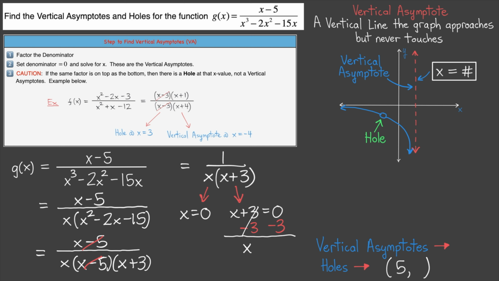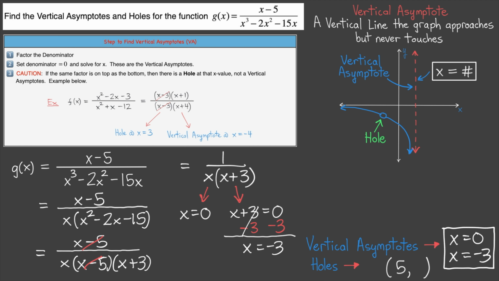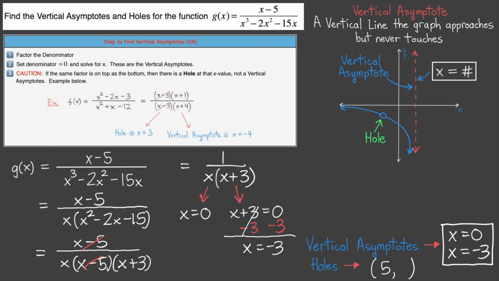The 3's cancel, x equals negative 3. All right, so our vertical asymptotes are x equals 0 and x equals negative 3. We'll slide those over here. So those are our vertical asymptotes.